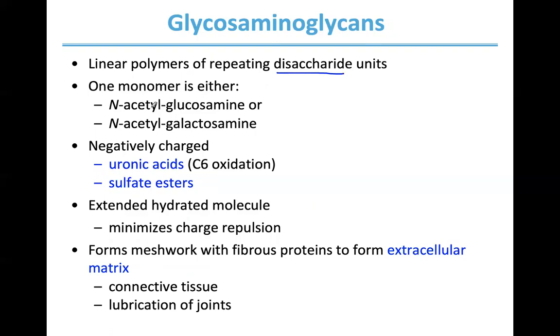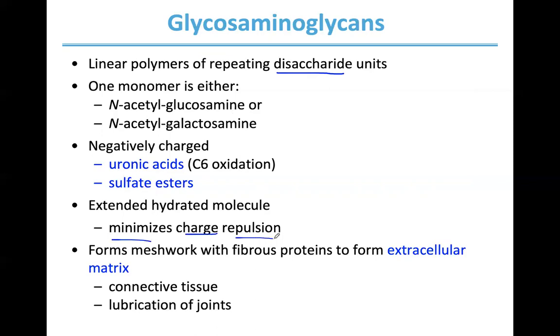One part of the disaccharide unit will be N-acetylglucosamine or galactosamine, and the other will be negatively charged, could be glucuronic acid, which can be sulfated. So this is an extended and hydrated molecule, and it minimizes charge repulsion.